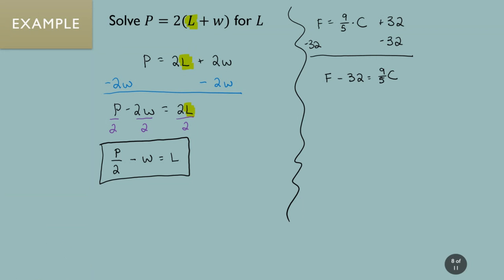So the 9/5, we want C by itself. If you divide by a fraction, that's the same as multiplying by the reciprocal. So you'd be multiplying both sides by 5/9. So doing this gives us the formula for Celsius, which is 5/9, and then in parentheses F minus 32.